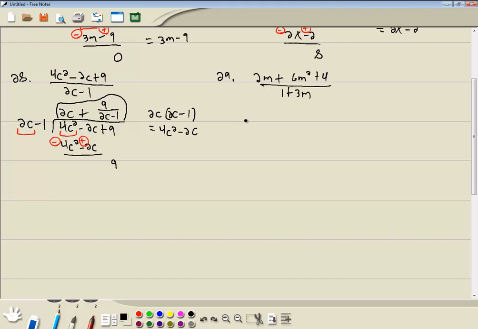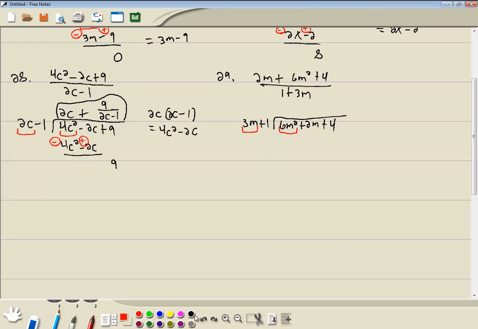Standard form says you go from largest power down to smallest. So I got 3m plus 1, and then inside here, I'm going to have 6m squared plus 2m plus 4. Again, largest power down to smallest. M squared, m, no m. If it's not in standard form, you won't be able to do the division on many of the problems.